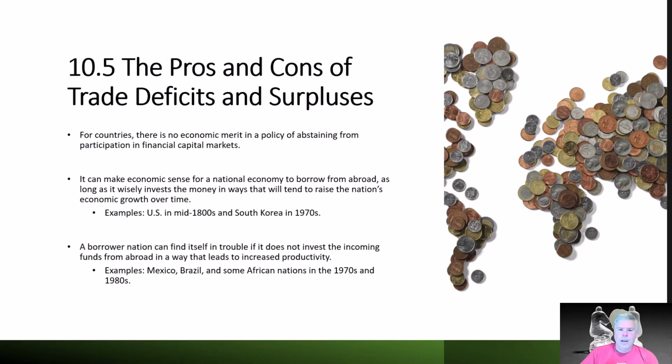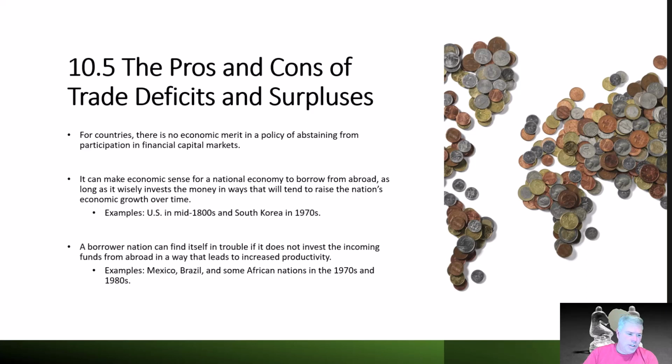South Korea in the 1970s saw a large influx of foreign borrowing and investment, which drove South Korea from being very much a near third world nation in the 50s, 60s, and 70s to one of the most dynamic economies in the world today. That was done because of targeted investment.